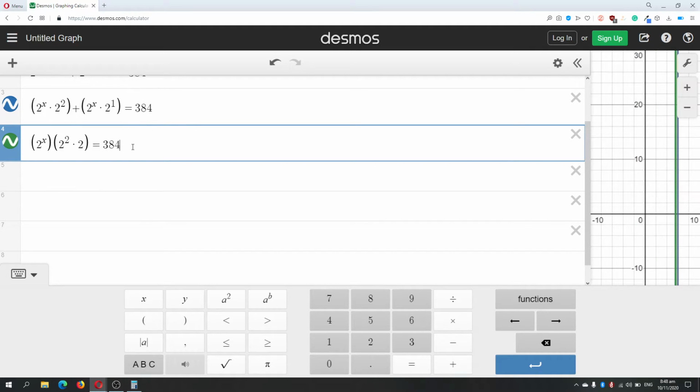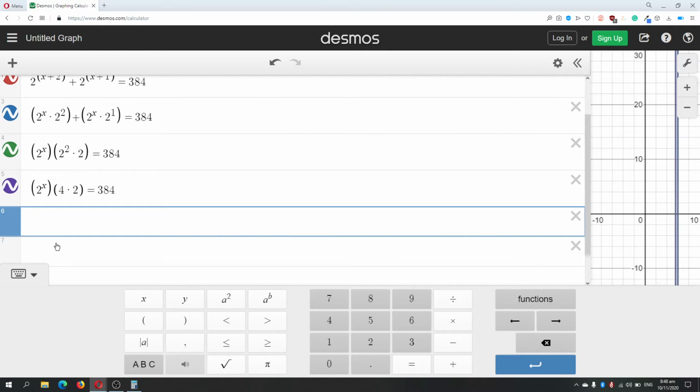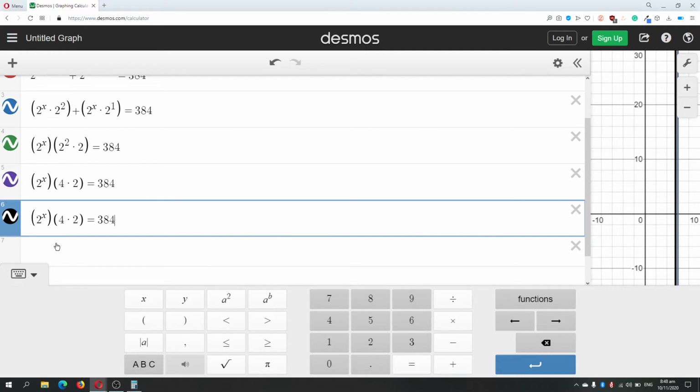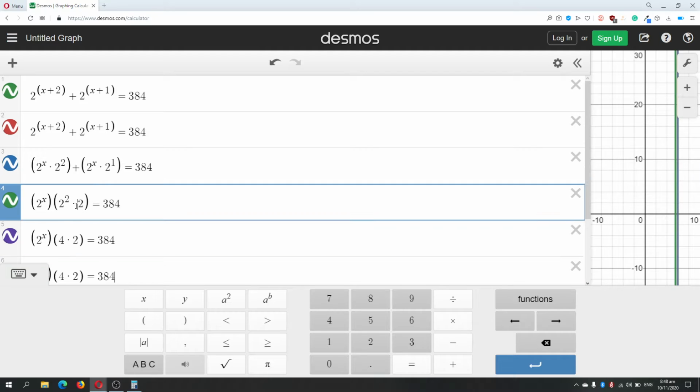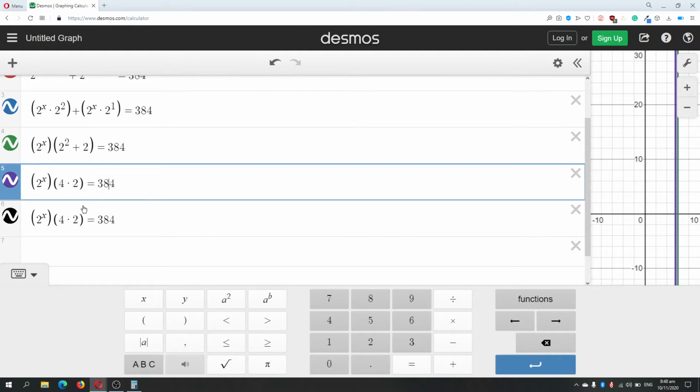Since naiiwan na yung 384, simplify na natin yan. So, 2 raised to 2 is 4. And then, 4 plus 2 pala dapat. Okay.